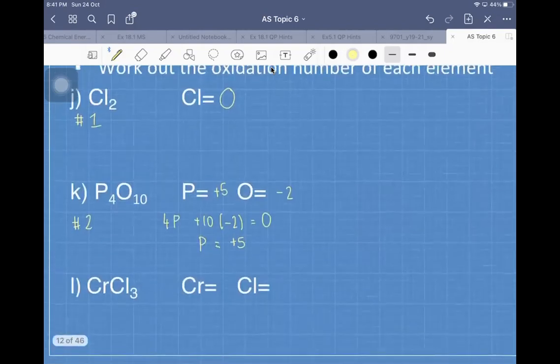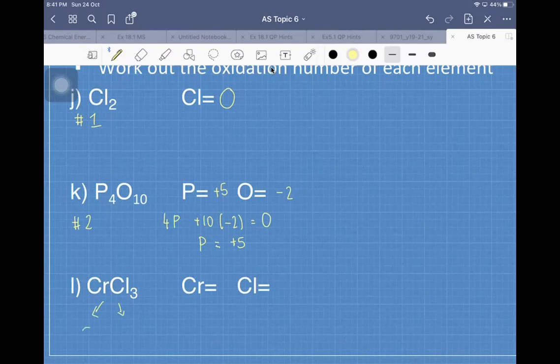CrCl3. Chromium is a transition metal, so we do not know its oxidation number, but from here you can see that this can be broken down into ions because it consists of a metal and a non-metal, chlorine.